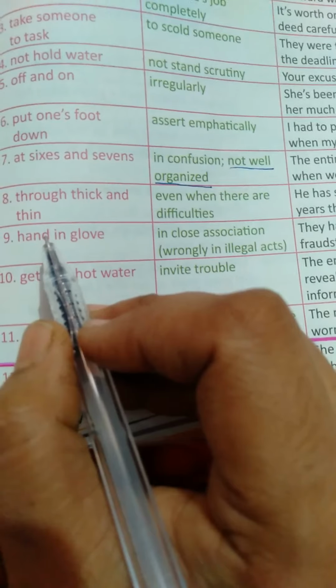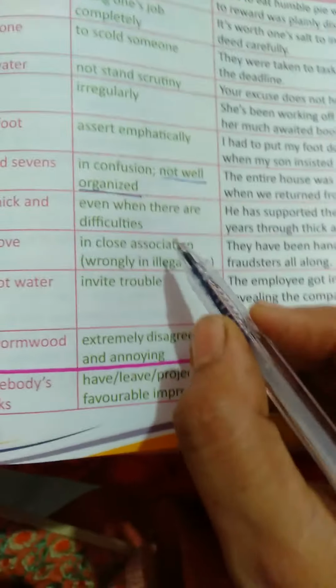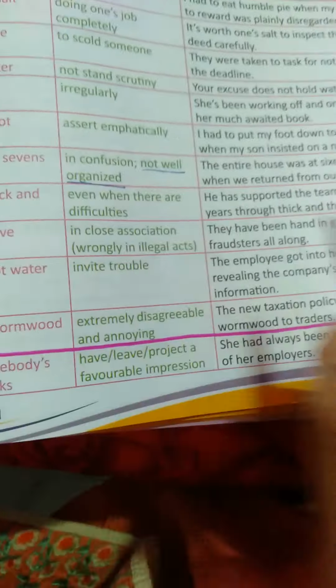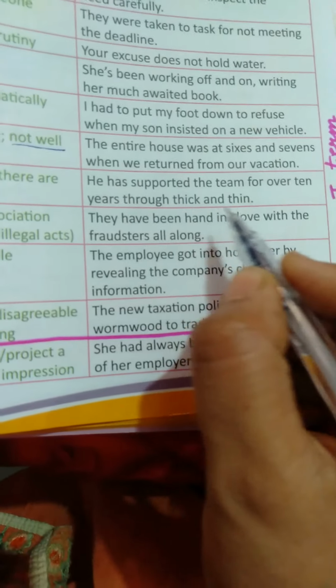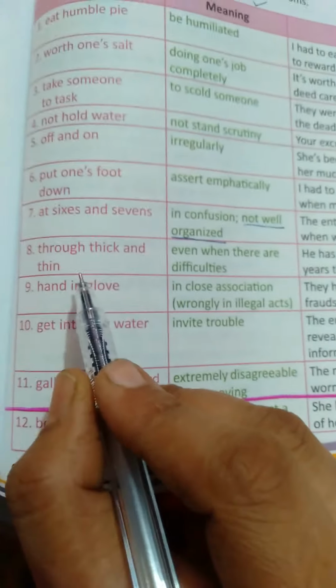Through thick and thin. This is a good proverb, a good idiom, you can use anywhere. Even when there are difficulties, through thick and thin, your true friendship is going to be judged. He has supported the team for over 10 years through thick and thin. All the difficult times, he has supported the team. But you can make your own sentence.